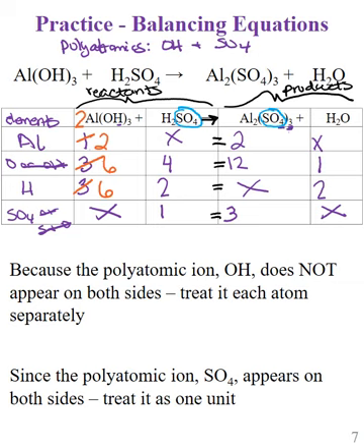What is the next thing we should balance? I would say the oxygens and hydrogens for last, so look at your other molecule, which is our polyatomic, SO4. On the left we have 1 SO4, and on the right we have 3. So how would I balance that out?